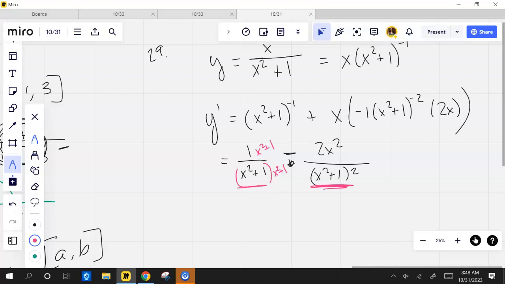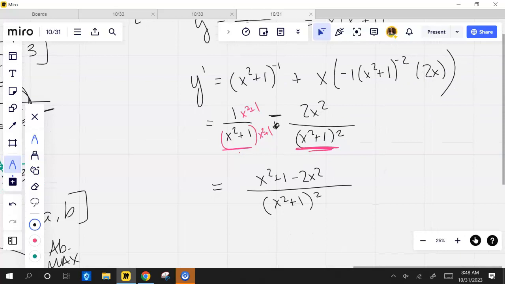This has just got 1, so I need to give this one another. If you did quotient rule here, you wouldn't be going through this step, but you'd have a lot more in your first bit of work. So this would be x squared plus 1 minus 2x squared over that LCD, which is just negative x squared plus 1.